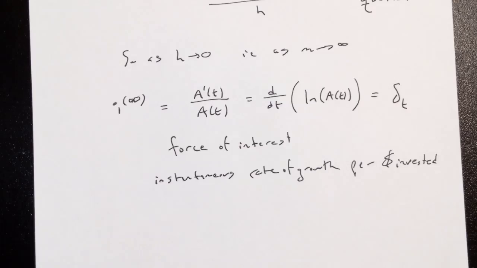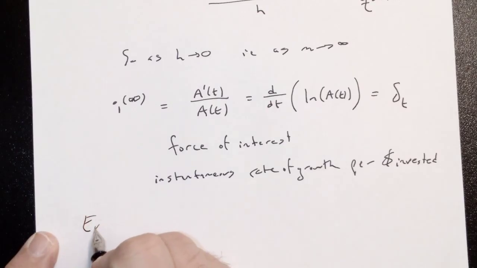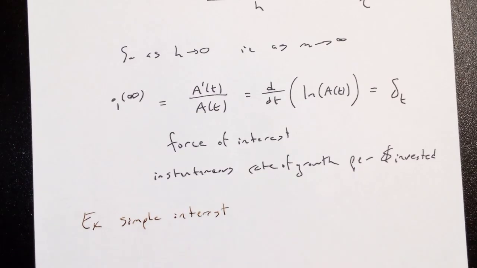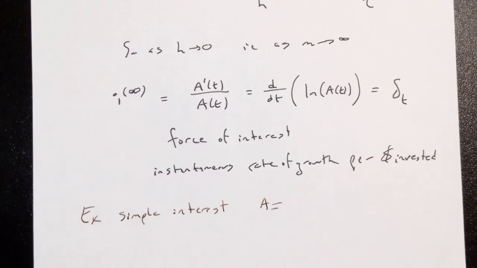So let's think about simple interest. My formula for an investment of 1 for simple interest: A equals, what's my simple interest formula? By the way, while you're doing the problems out of the book, while you're reading through the text, you should be building a formula sheet. You should be using the ACTEX formula sheet that's on our Canvas page, because you'll get the opportunity to use that on an exam, and you'll get your own formula sheet on that exam.